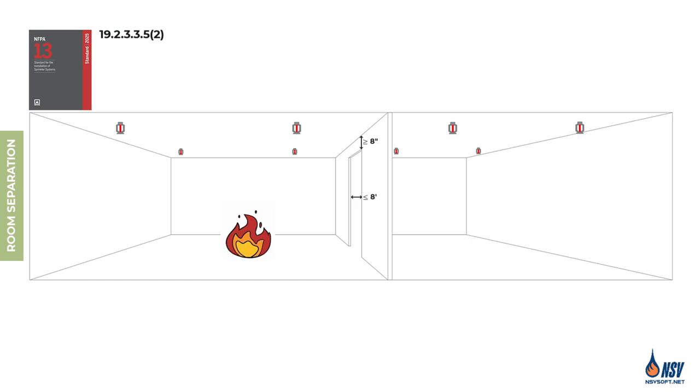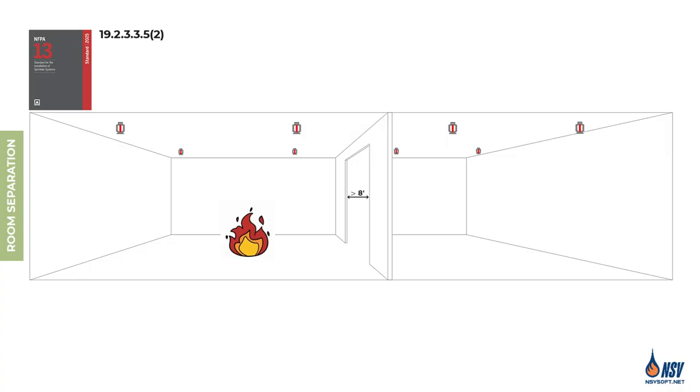When both of these conditions are met, the spaces can be treated as separate for the room design method. In that case, the calculation includes all sprinklers in the room plus 2 sprinklers in the communicating space nearest the opening. If these conditions are not met, for example, if the opening is wider than 8 feet, fire can spread quickly into the adjacent room.